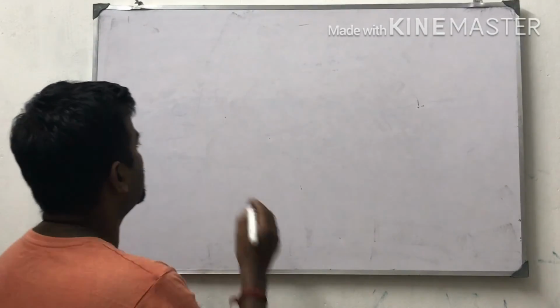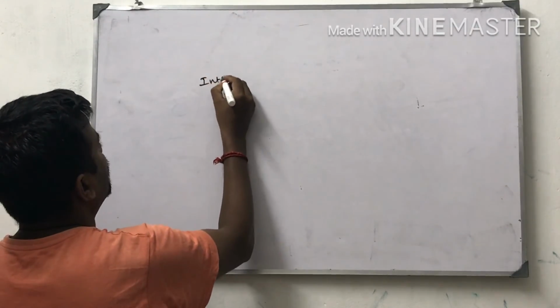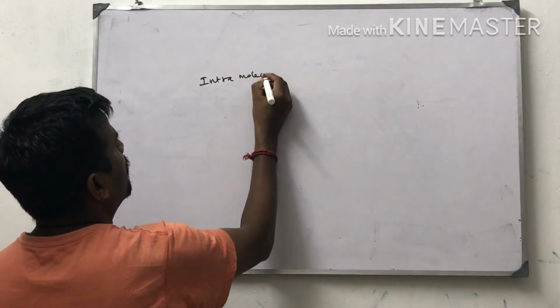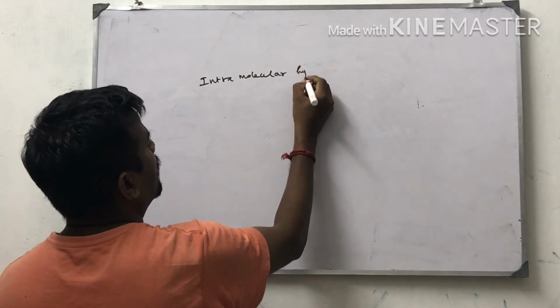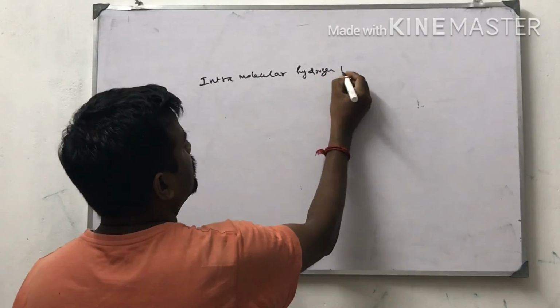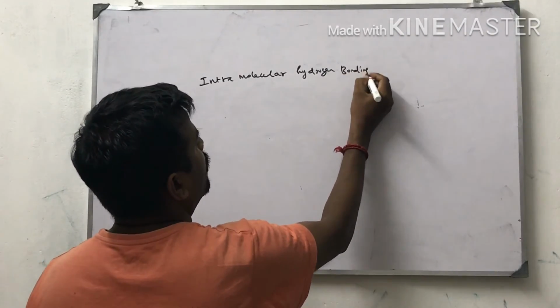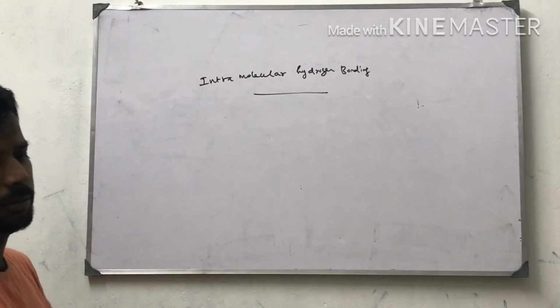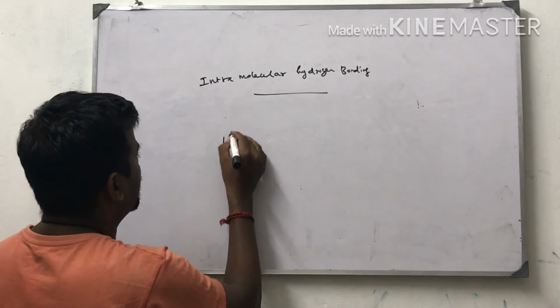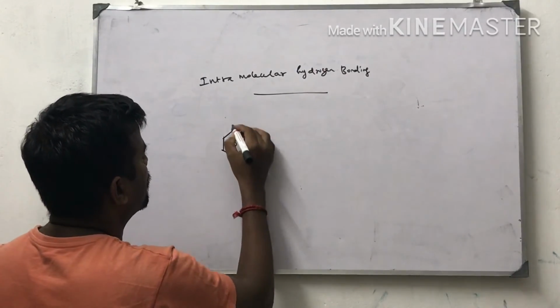Okay. Next one is intramolecular hydrogen bond. What do you mean by intramolecular hydrogen bonding? Suppose I am taking ortho-nitrophenol.